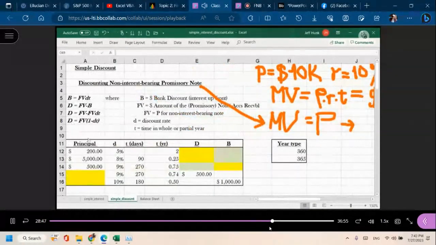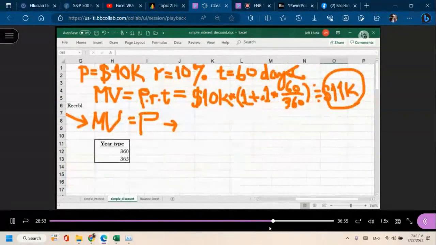That means if they use a 10% discount rate, what is their cut? In other words, the interest they take is 10% of 10K, but it's for 20 days.